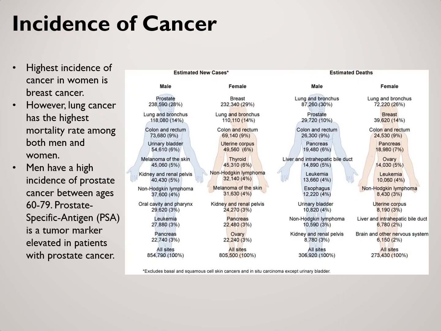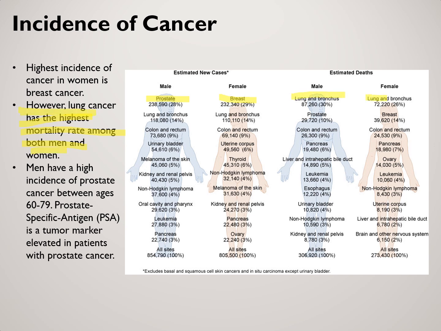The highest incidence of cancer in women is breast cancer. So you can see that right here, breast cancer in women. In males, your highest incidence of cancer is prostate cancer. One thing I want you to note is that even though prostate and breast cancer are more prevalent in males versus females, lung cancer has the highest mortality rate among both men and women.